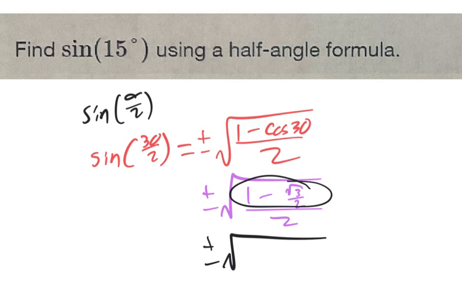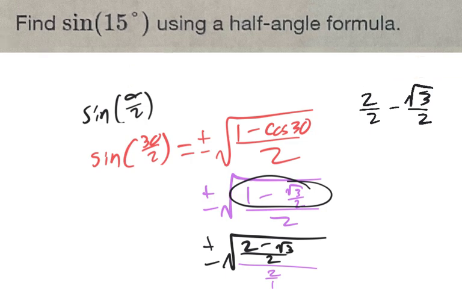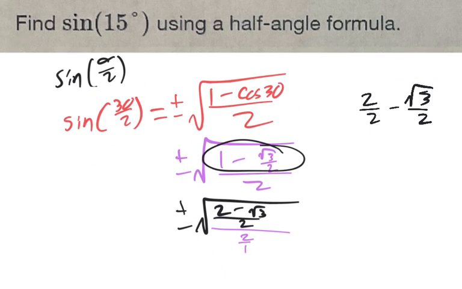I would need a common denominator in the numerator. So this becomes 2 over 2 minus radical 3 over 2, which means I have 2 minus radical 3 over 2. That's the numerator. And this is all over 2 over 1. And it's all under the radical. Oh my gosh. How disgusting.